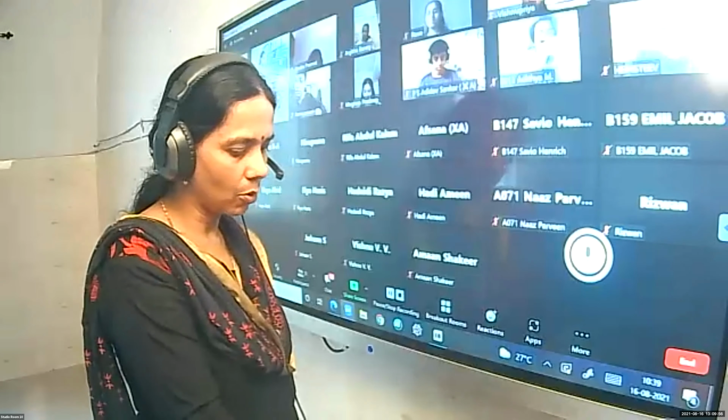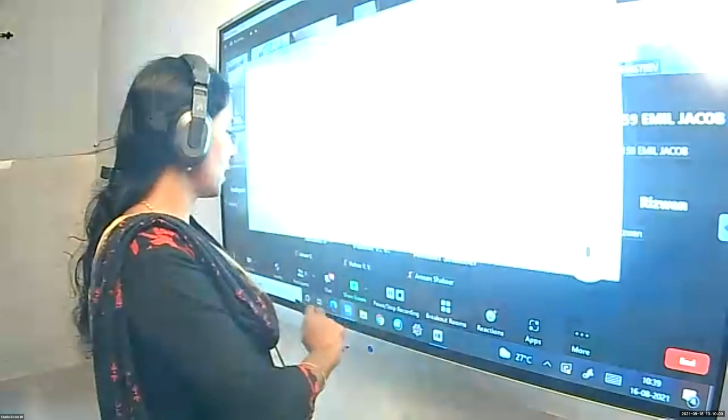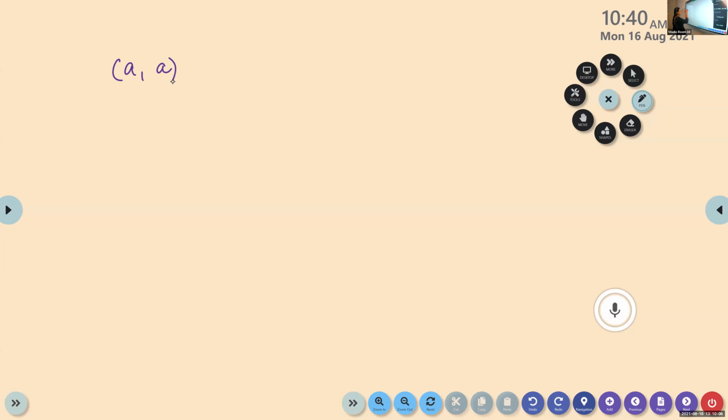Write down: Show that the points (a, a), (-a, -a), and (-root 3a, root 3a) are the vertices of an equilateral triangle. Find its area. Can you see the question?